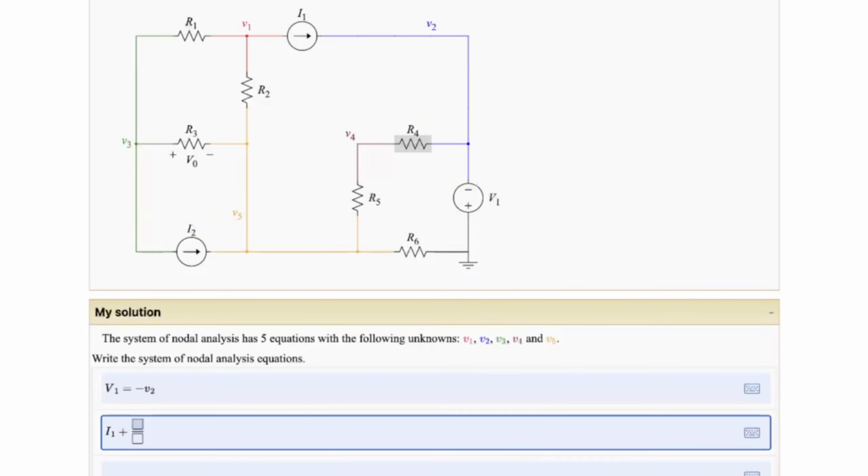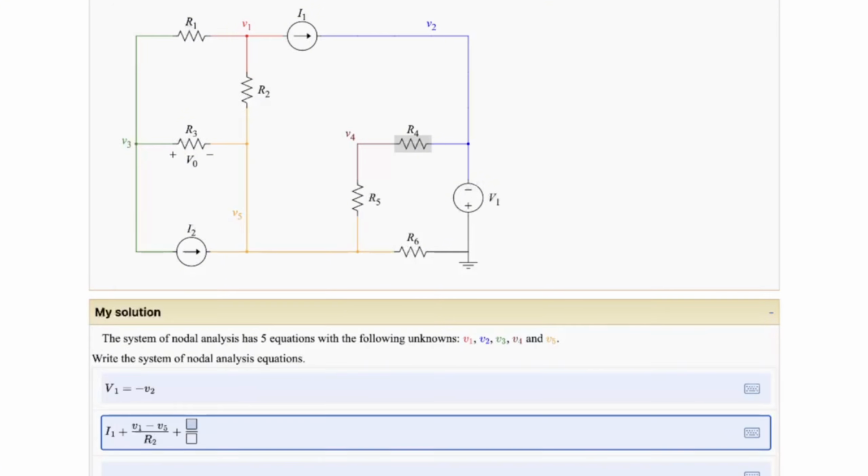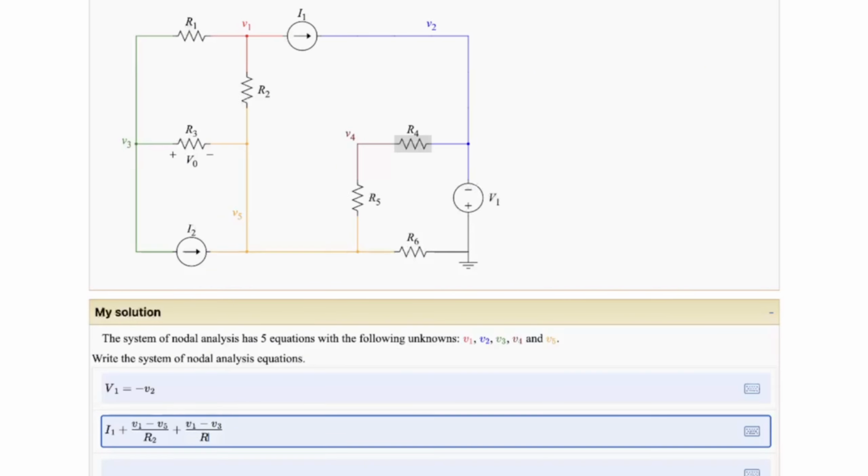Using Ohm's law, voltage divided by resistance, we have V1 minus V5 over R2. Next, we have the current going through R1 from V1 to V3. So we have V1 minus V3 over R1. Set that all equal to 0.